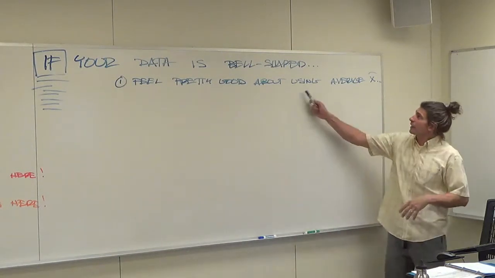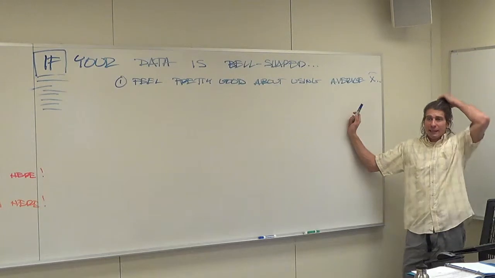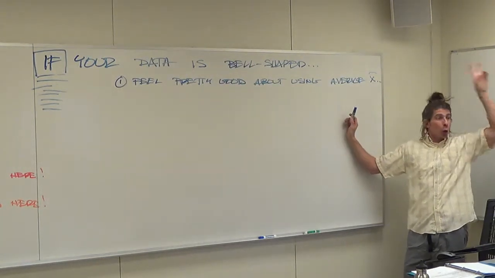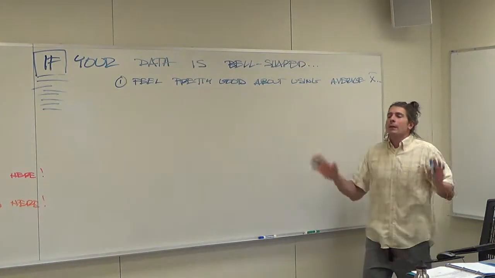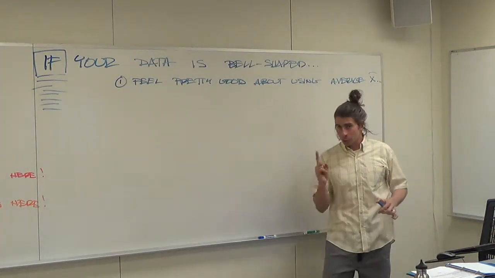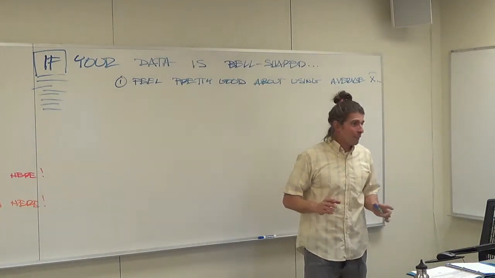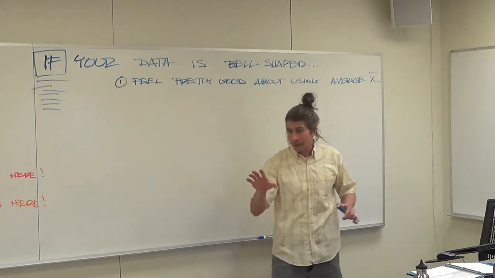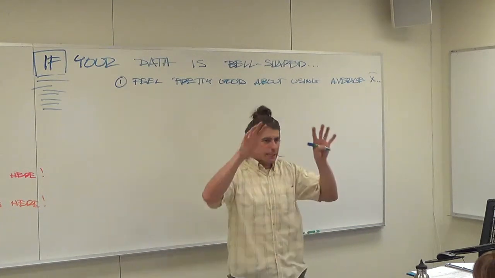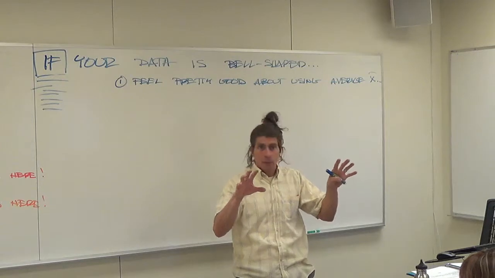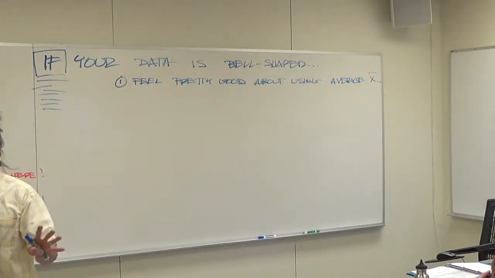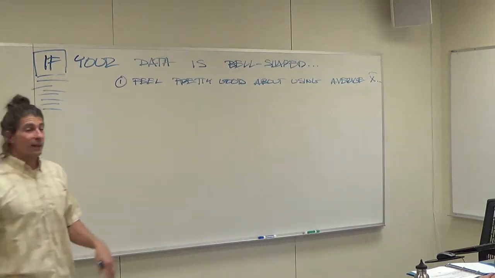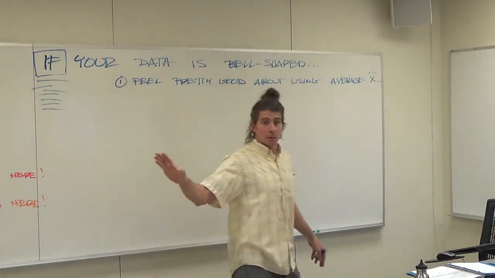So the idea of feeling good about using the average X bar is that a lot of your data is close, quote unquote, to that average. The average is a beautiful measure, but it's also ADD. It looks at the entire data set, and as soon as an outlier shows up, it wants to go play with the outlier. The median's like, dude, it's an outlier, let it go.